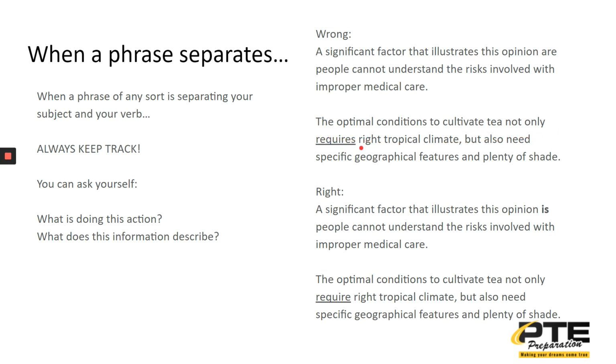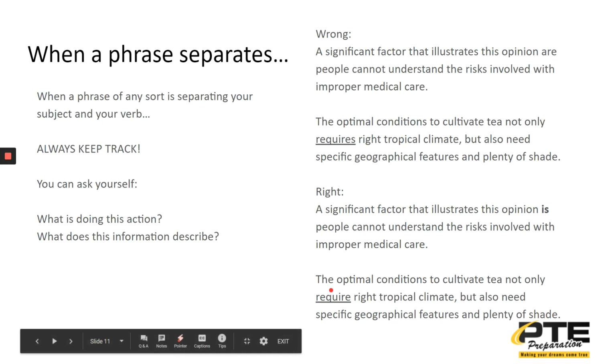What people think of as the noun is tea, but the actual noun is conditions. To cultivate tea not only is not crucial to your sentence, so you have to keep your verbs and your nouns together. The optimal conditions to cultivate tea not only require the right tropical climate, and that's the correct way to write that sentence.